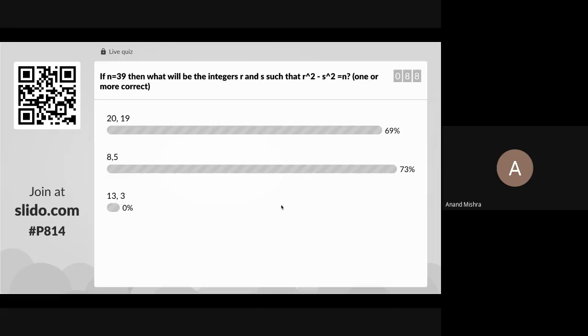Both of them are correct. 69%, 73%, but we don't know whether you marked both.